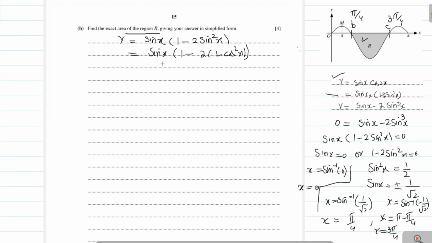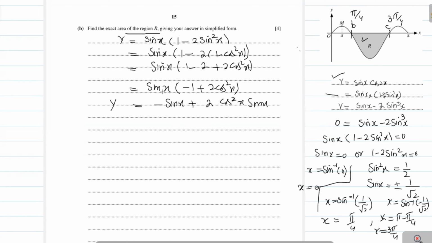And this equation we write as sine x into 1 minus 2 plus 2 cos square x, which is sine x into minus 1 plus 2 cos square x. Now we can write minus sine x plus 2 cos square x sine x.